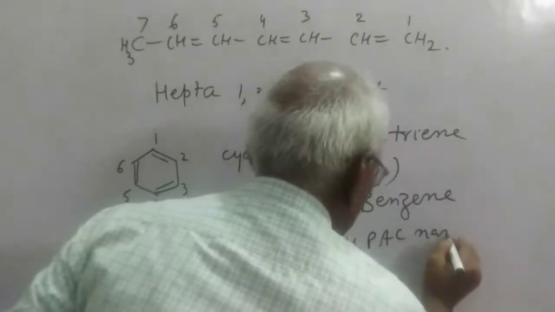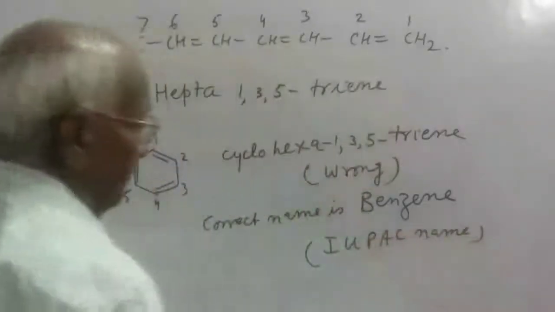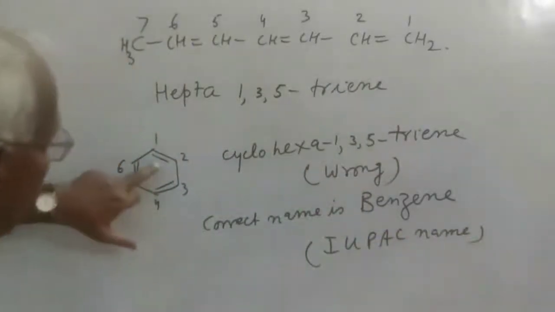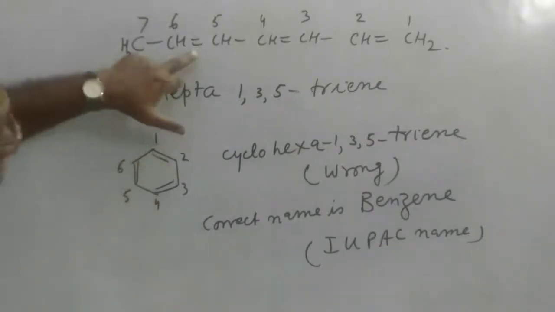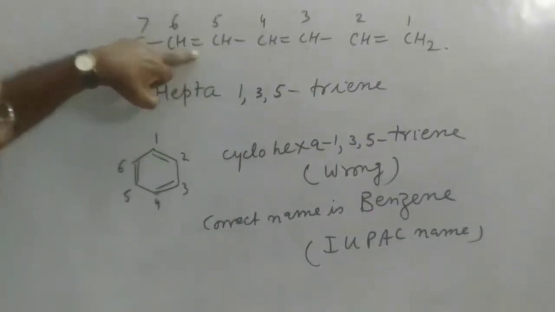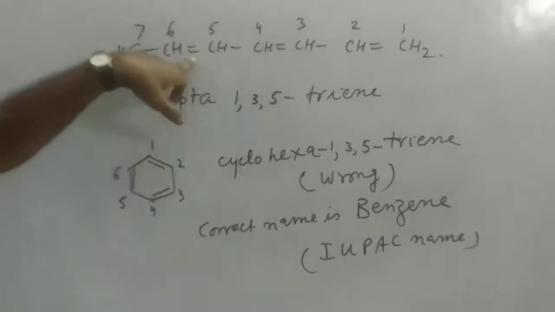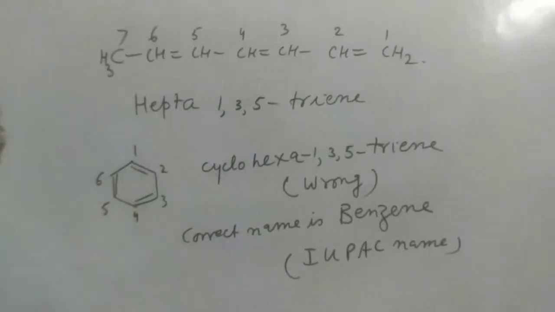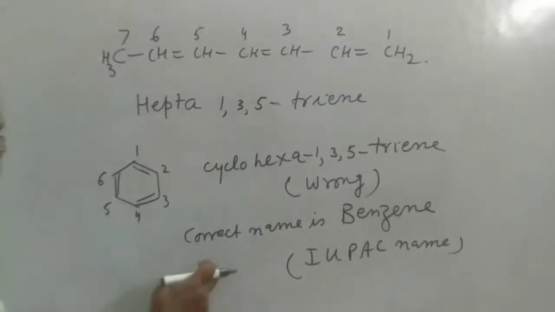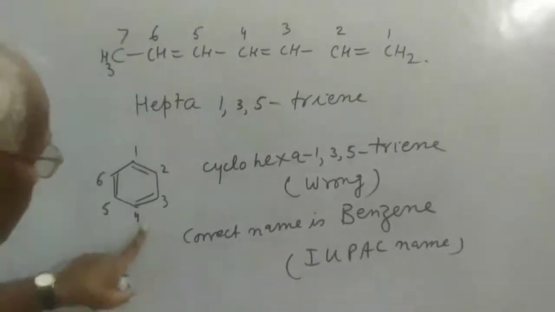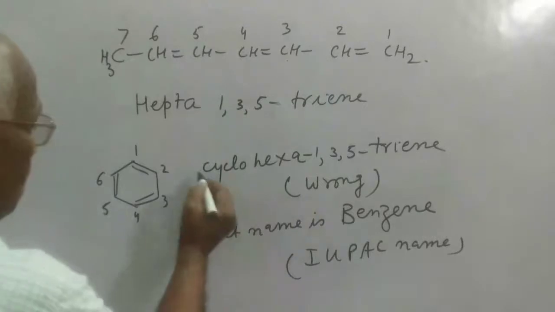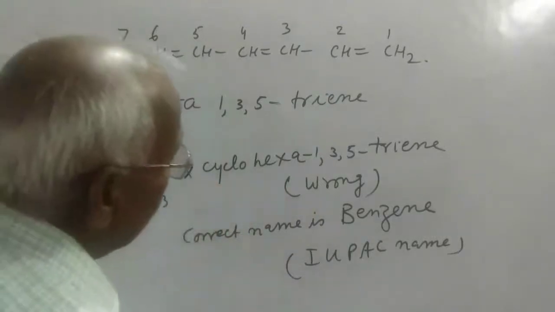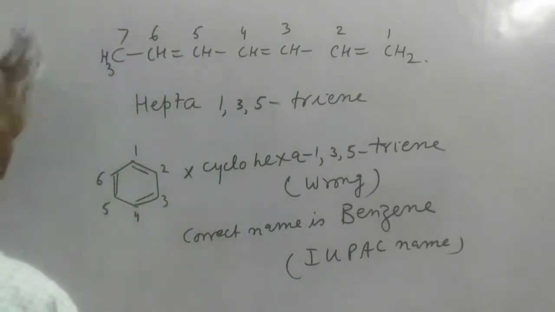You should not confuse the double bonds in the ring with the double bonds in an open chain. Both are different. It is a true double bond, but this double bond is not true. So the IUPAC name for this compound is benzene, and cyclohexa-1,3,5-triene is wrong.